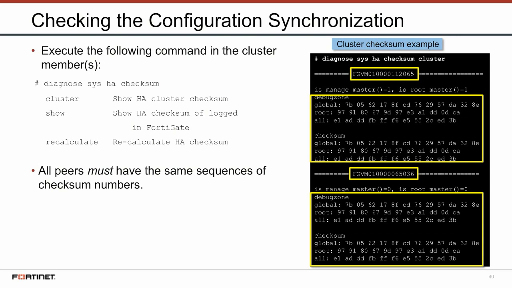Global represents the checksum of the global configuration, such as administrators, admin profiles, global logging settings, and FortiGuard settings, to name a few. Root is the checksum for the root VDOM. If you have configured multiple VDOMs, you will see checksums of all configured VDOMs. All is the checksum of the global configuration, plus all the VDOMs checksums.